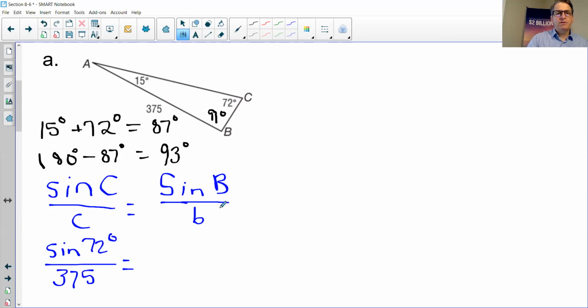That is equal to the sine of B, which would be the sine of 93, divided by side b, opposite of B, in this case, what we're trying to find. So we're trying to find that side.